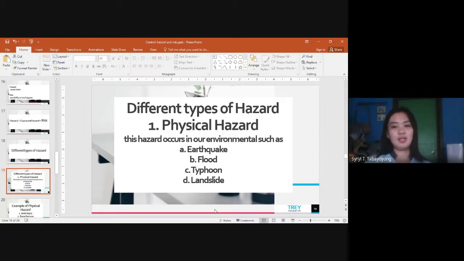Meaning to say, ang physical hazard ay nangyayari na natural sa ating paligid. Hindi natin alam kung kailan mangyayari gaya ng paglindol, hindi natin mapipigilan gaya ng pagbaha, pagbagyo, at saka landslide sa iba't ibang lugar.